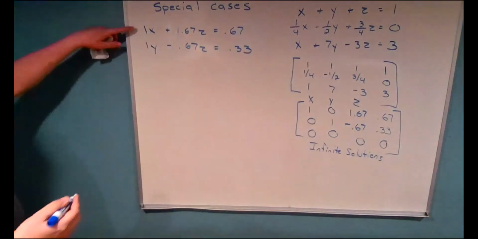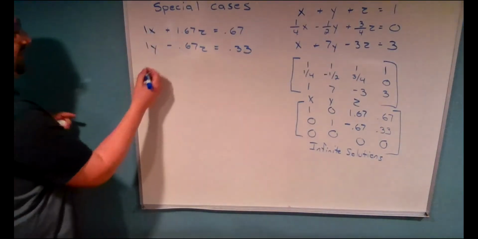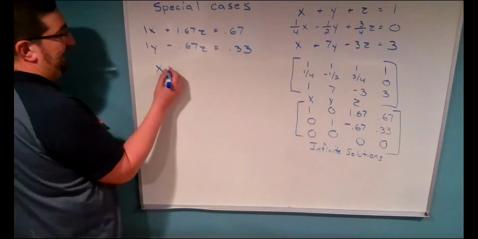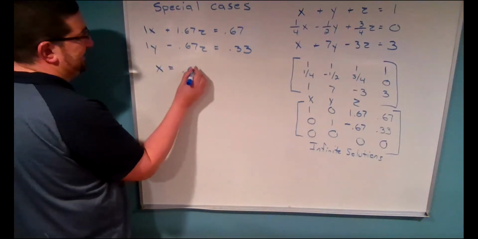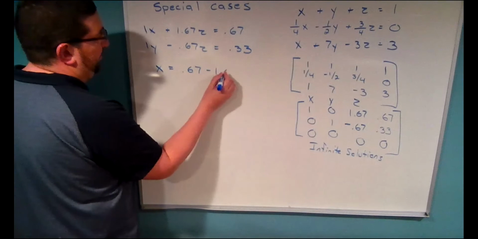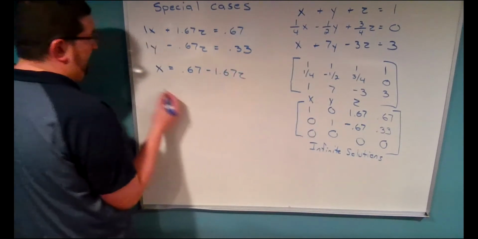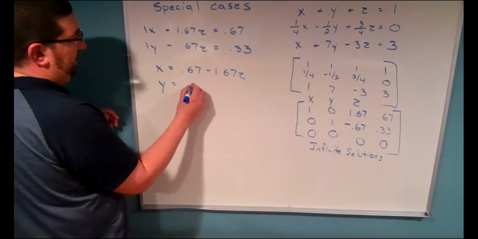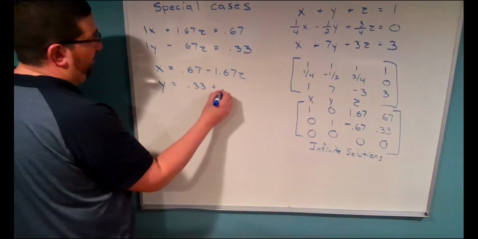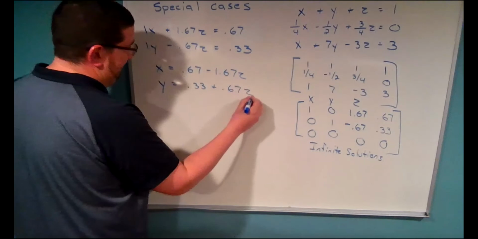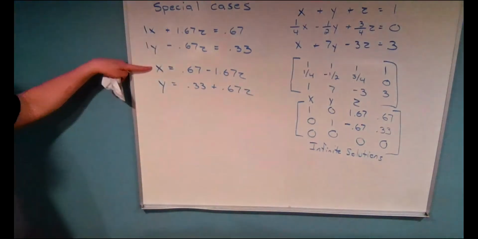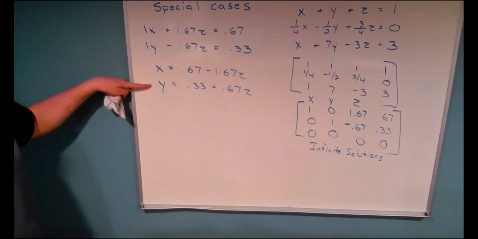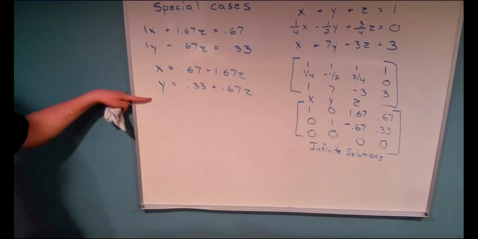So if we solve this for x and y, if we get x and y by itself, we would end up getting x equals 0.67 minus 1.67z, and y equals 0.33 plus 0.67z.